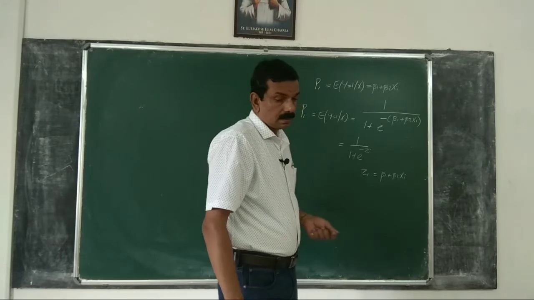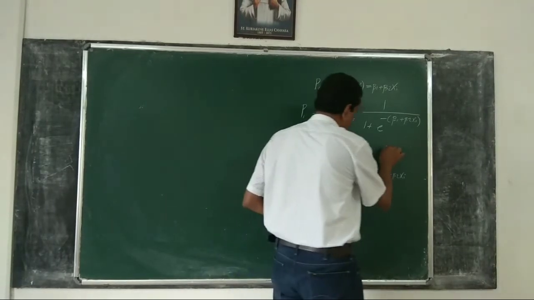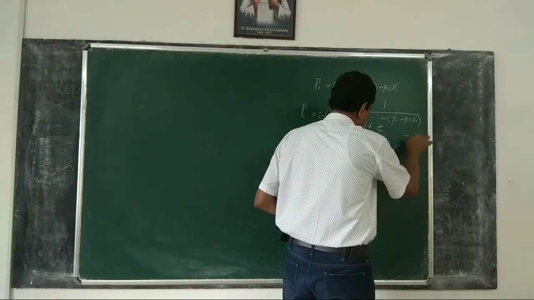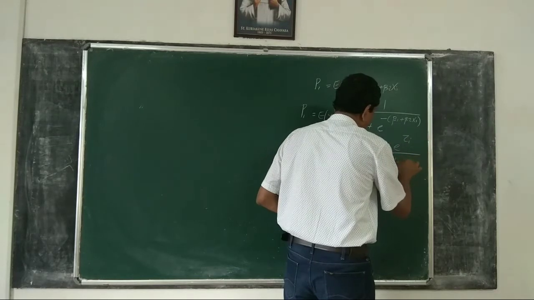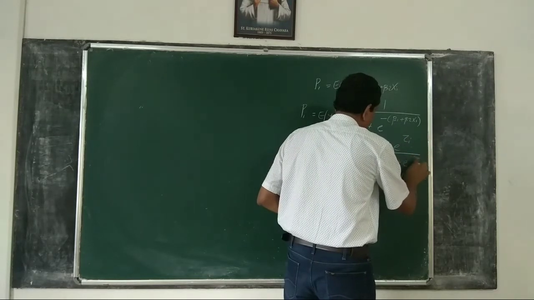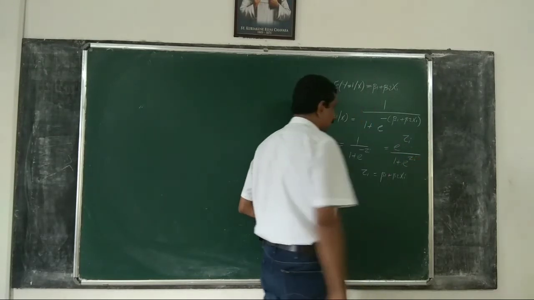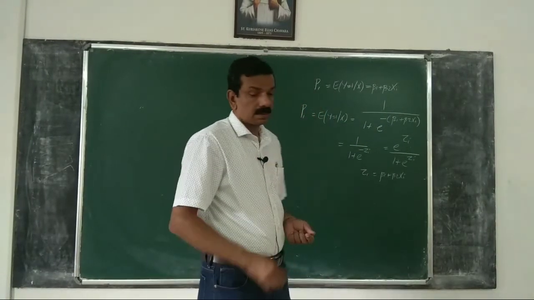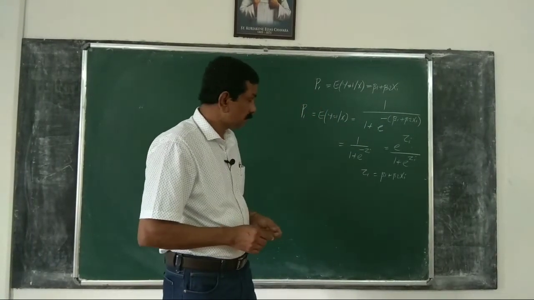This can be written as e raised to zi by 1 plus e raised to zi.